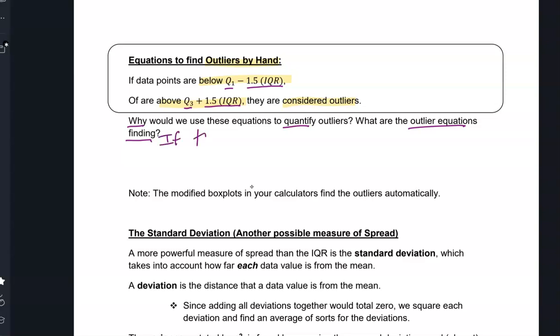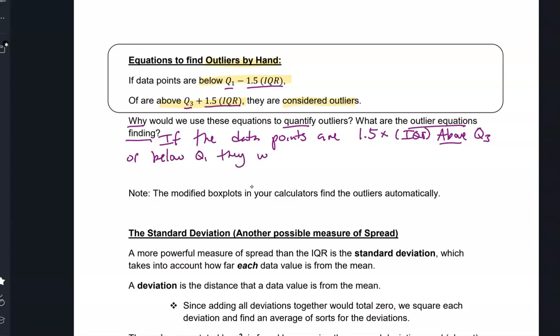So if the data points are 1.5 times IQR above Q3 or below Q1, they would be outliers. And again, why is that important?